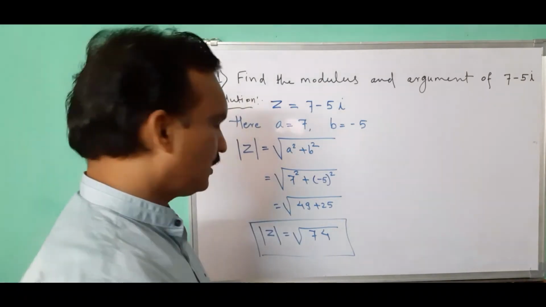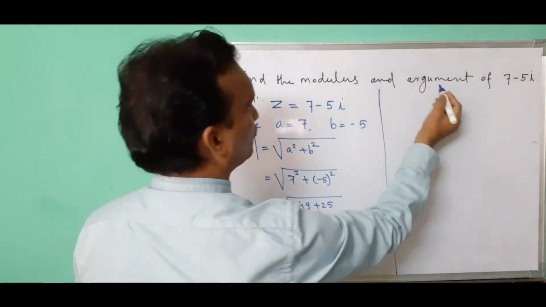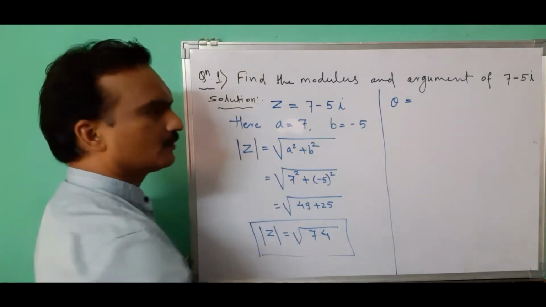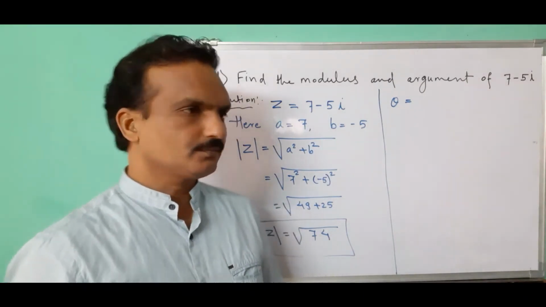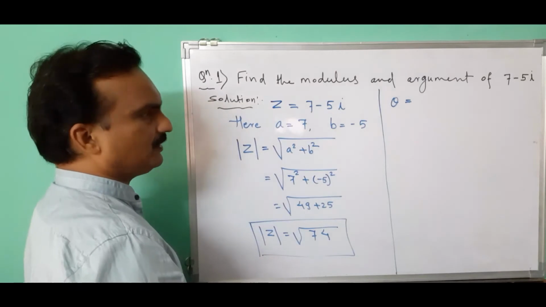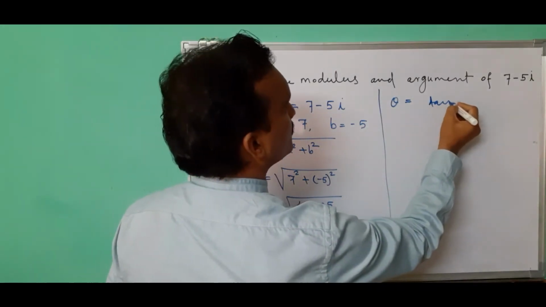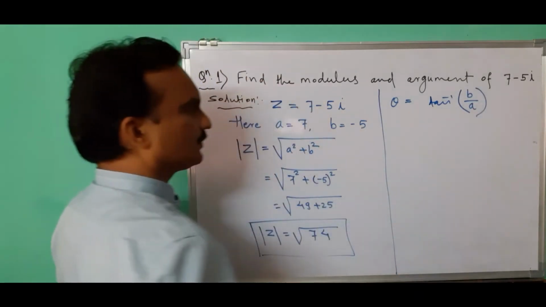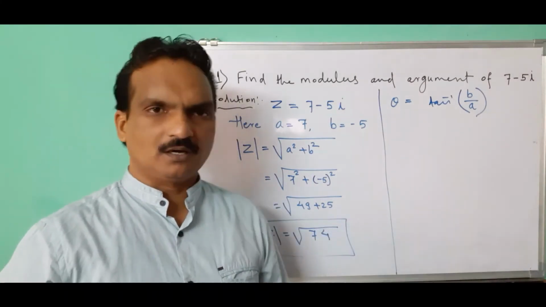Okay. Now argument, that means the value of theta. Argument of z, that means the value of theta. So argument is equal to, we know the formula, tan inverse of b upon a. This is the formula as we have seen earlier.